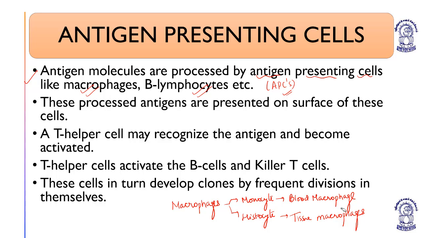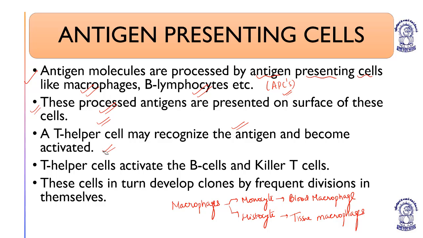Understood? The processed antigens are presented on the surface of these antigen presenting cells. A T helper cell may recognize the antigen and become activated.